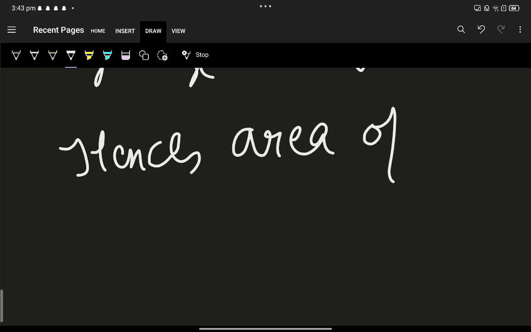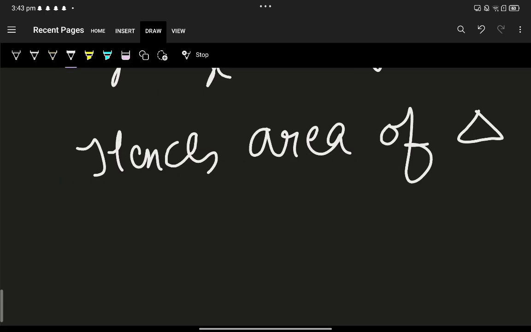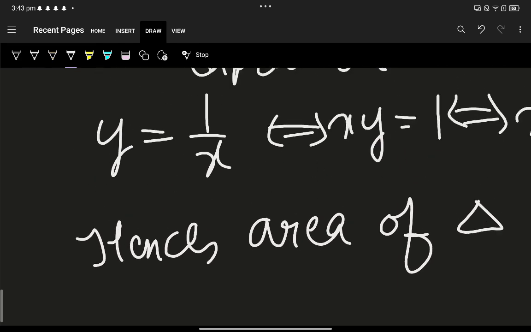area of triangle is equal to, we all know, half into base into height.